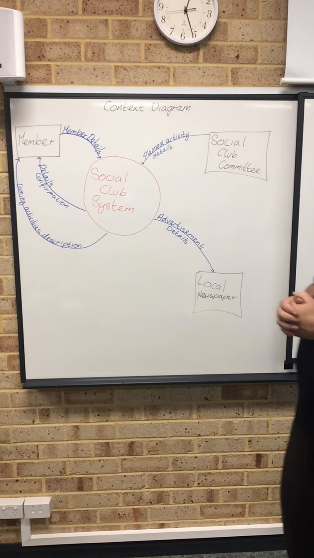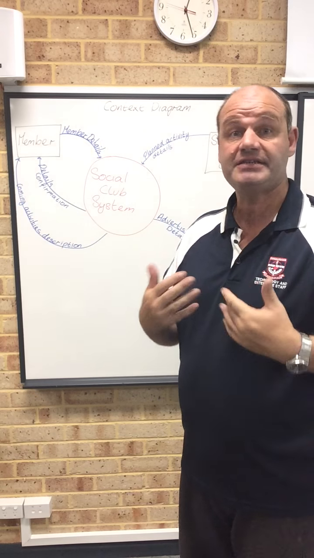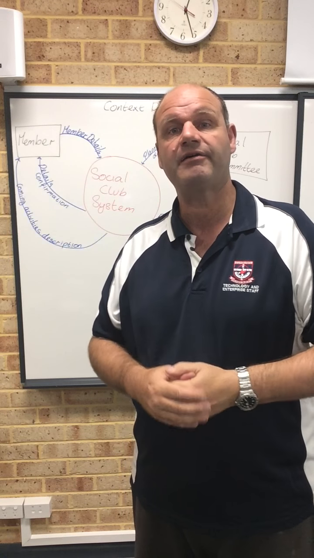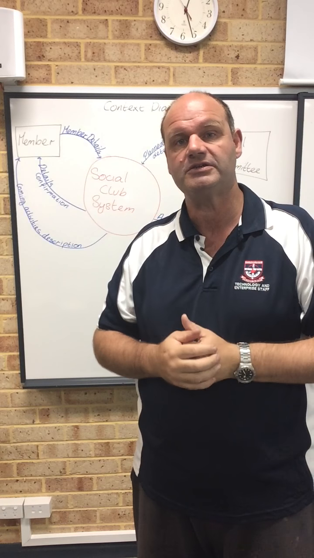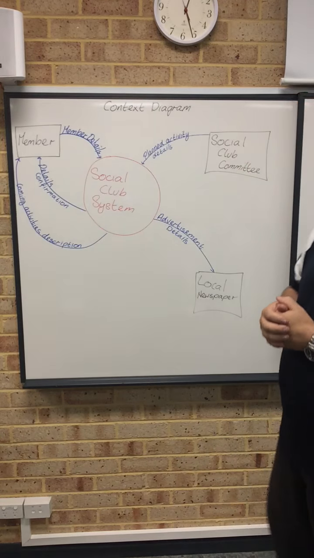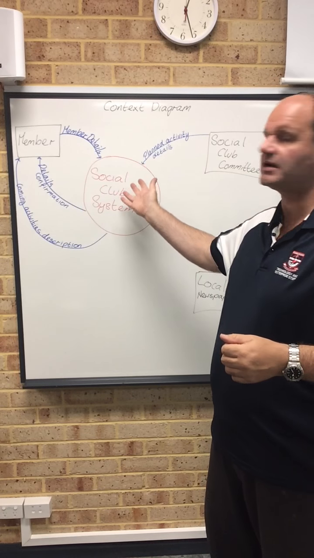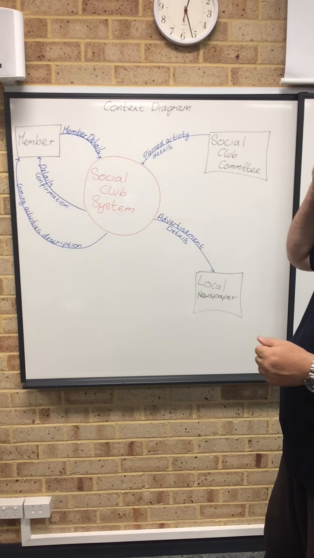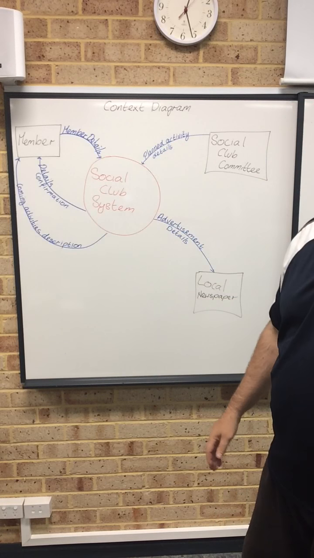So here is a context diagram, and as I've just said, this is part of a data flow diagram. It just gives an overview of what is going on. The first thing to take note of is this great big circle here, and inside the circle it says social club system.